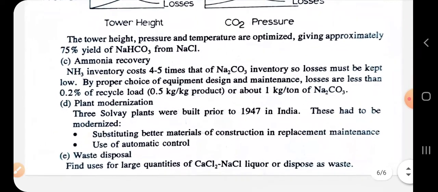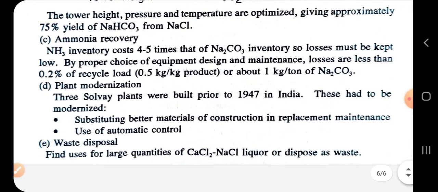Ammonia inventory costs 4-5 times that of sodium carbonate inventory. So the production cost of ammonia, which we use not as a raw material but which we are obtaining here, is costlier than sodium carbonate itself. So we should keep in mind that there is minimum loss of ammonia. Losses must be kept low.